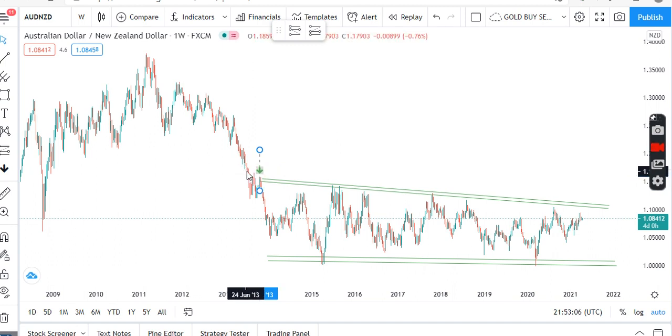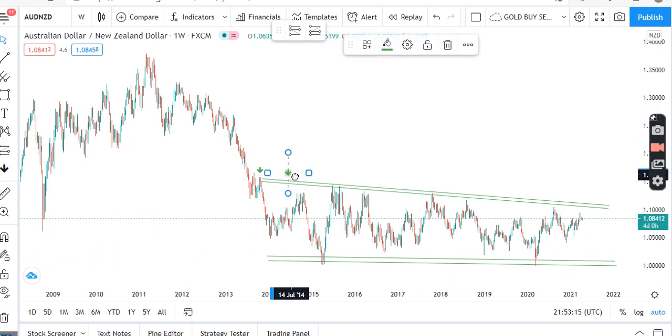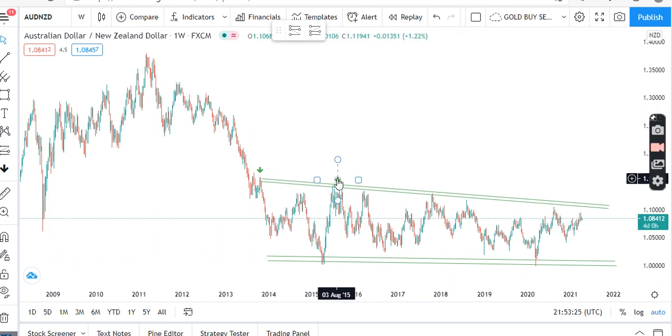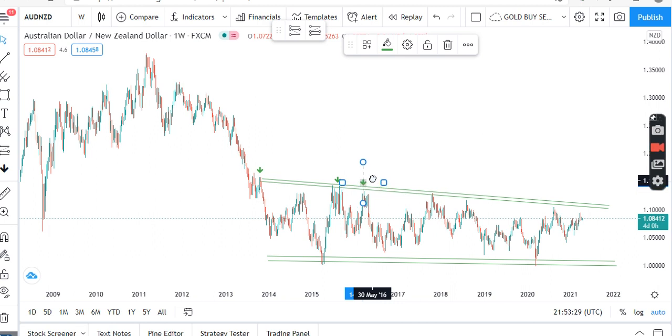So we had price come here, right? And that was a selling opportunity at that point, and also we had price here, see, and then we also had price just here, right?